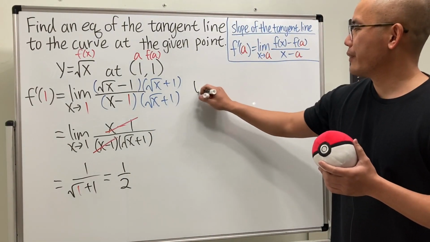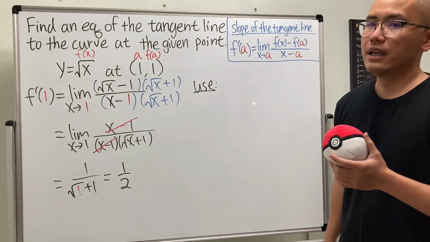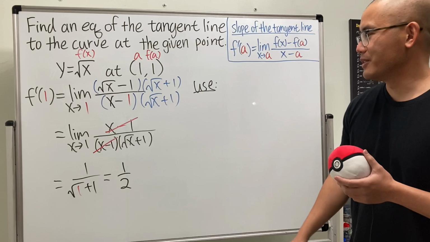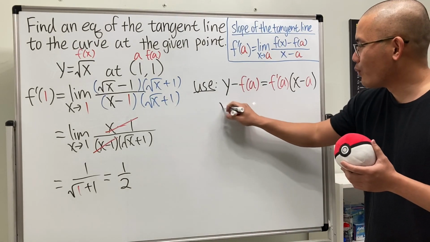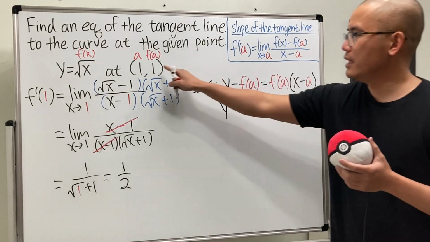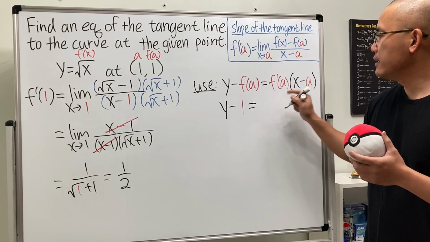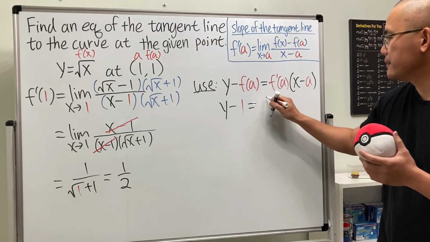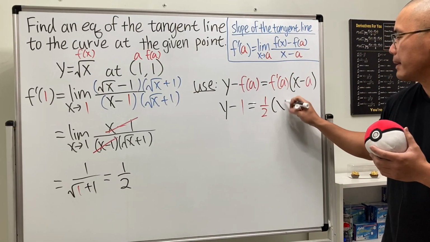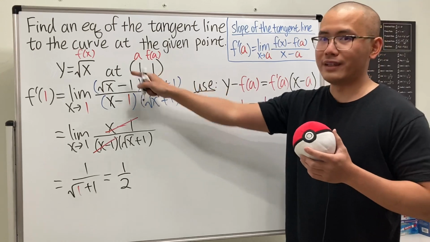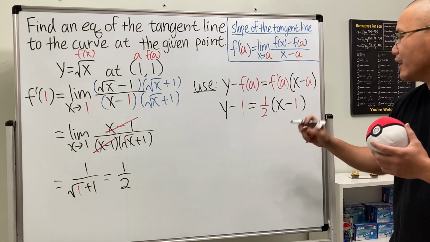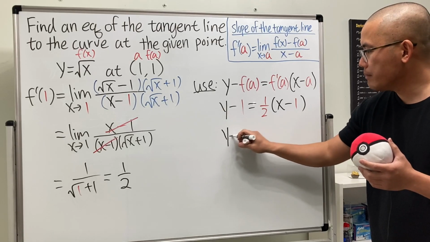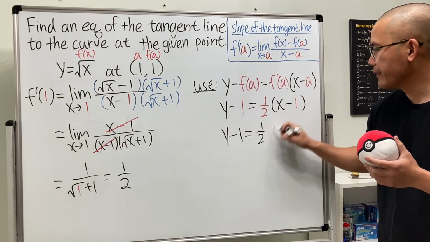Cool. Now, use the point slope form of the line. And this time, I'm going to use the a and also the f of a order notation, okay? All right, so we have y minus f of a is 1. And then f prime of a, which is our derivative, is 1/2. And then we multiply by x minus a is this one. So that's what we have. Again, multiply out the 1/2 and then clean things up. y minus 1 equals 1/2 times x.